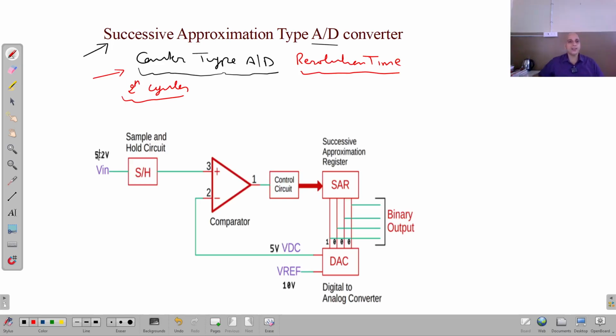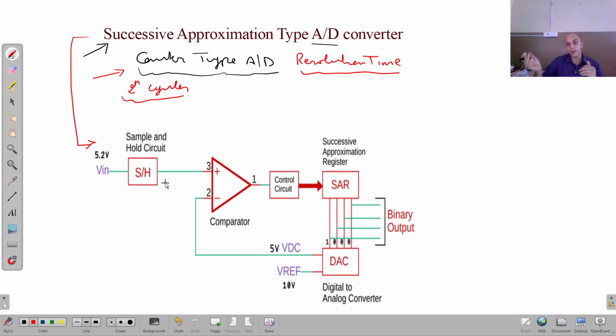Now in this successive approximation type of ADC, you can see the circuit schematic diagram that I have drawn here. This drawback has been removed. You might remember the reason for that drawback, the long resolution time. The drawback was that every time after comparison, the counter was starting from 0, right?